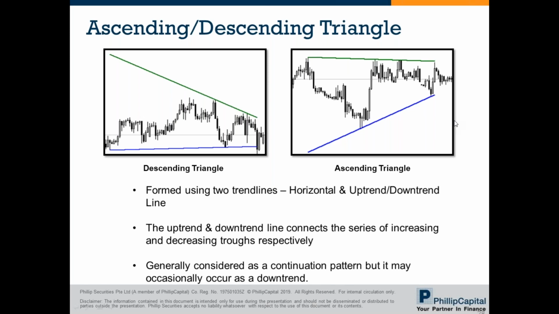As the chart pattern moves in such a manner that the troughs and peaks begin to decrease in size, that is where the lines will meet. This is also generally considered a continuation pattern, which means that if it began with an uptrend, it will continue to move in that direction, and similarly if it's moving in a downtrend, at the completion of this pattern, it will continue to move downwards.